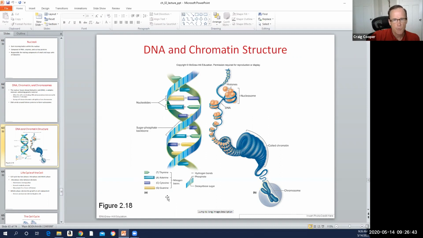They have a specific way that they're going to pair up, and they just repeat themselves in different orders to create different genetic information. And when we look at a human person's DNA, then we're talking about physical characteristics, eye color, height, things like that, are all going to be contained and dictated by this genetic sequence.